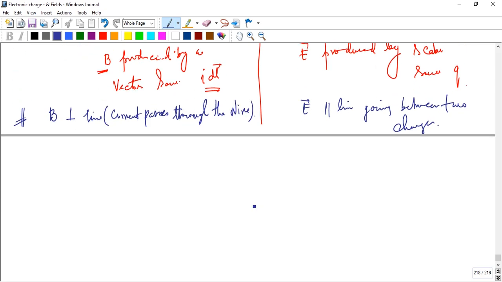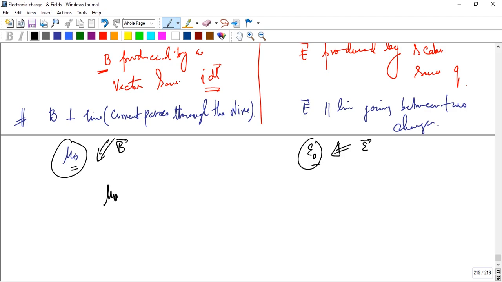Now here is another important similarity, in the constants. The permeability of free space is mu 0, and epsilon 0 is the permittivity of free space. One came from the magnetic field and the other from the electric field. If I multiply these two, what do I get?